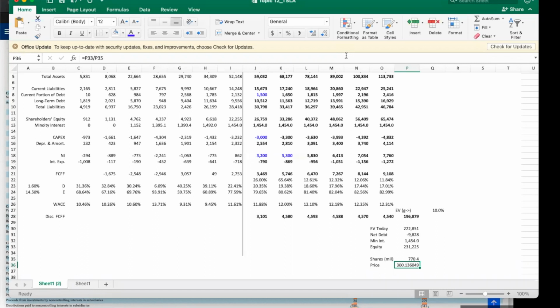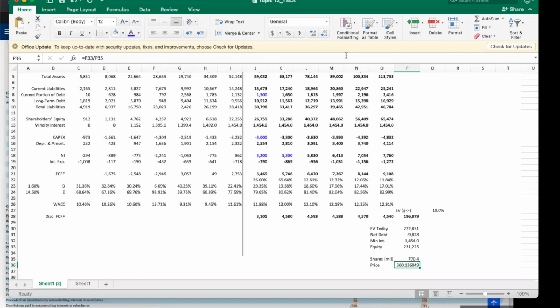This is a very laborious and time-consuming way to find a value for a company. But it gives you a sense of, well, if you were to try and price this without knowing anything about the current market price of the stock, but you were given, fortunately, the equity cost of capital, how would you price the shares?